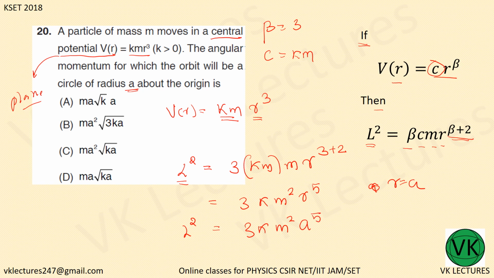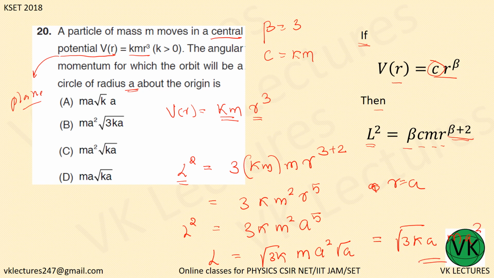Then what is L? Square root of this quantity, that is equal to root of 3k into m into a square into root of a. So that is nothing but root of 3ka into m a squared.